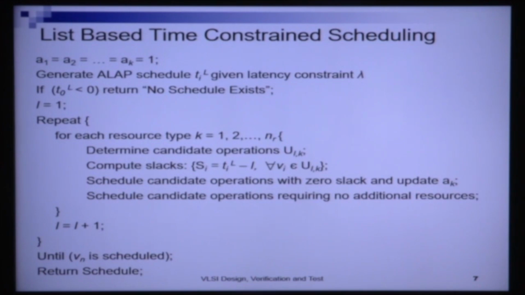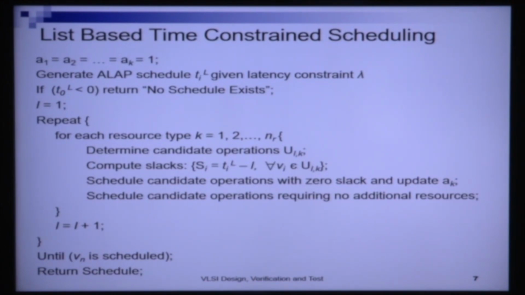Otherwise, as we said, the scheduling progresses time step by time step. So, l equals 1 is the first time step, and similar to the previous list scheduling algorithm, the algorithm proceeds for each resource type, k equals 1 up to n.